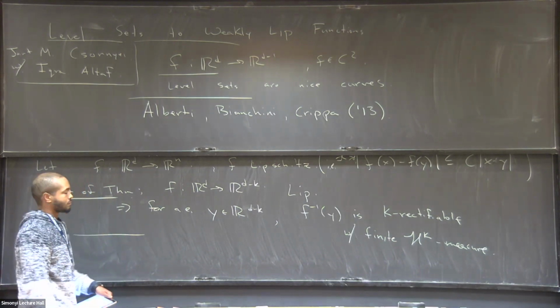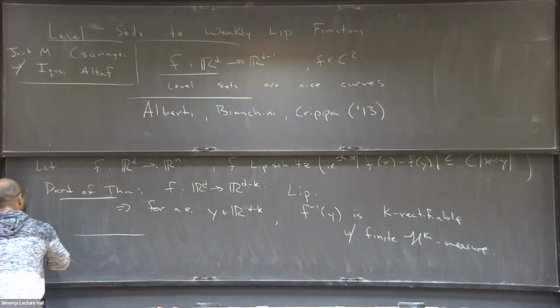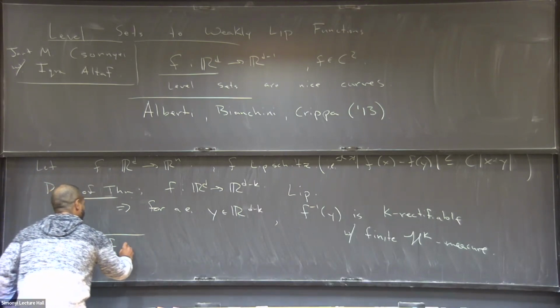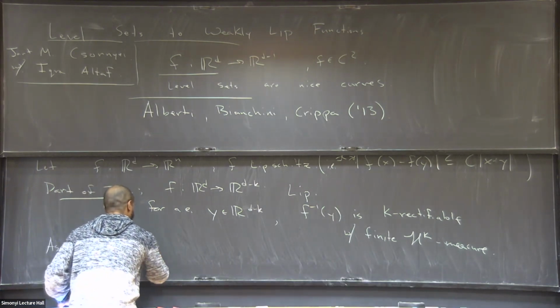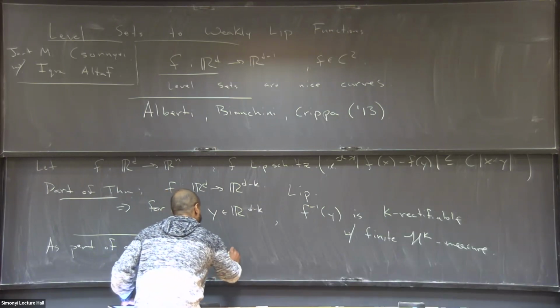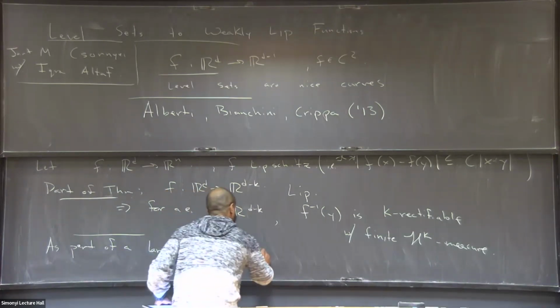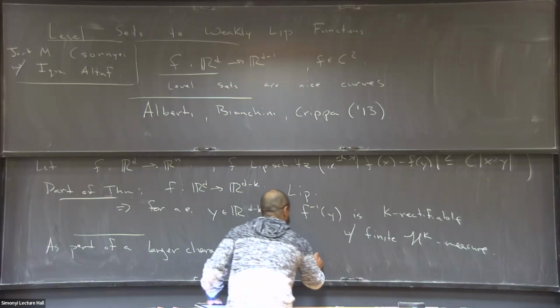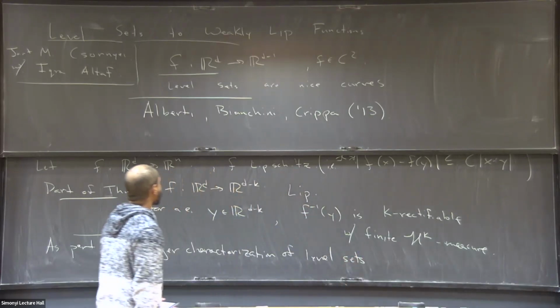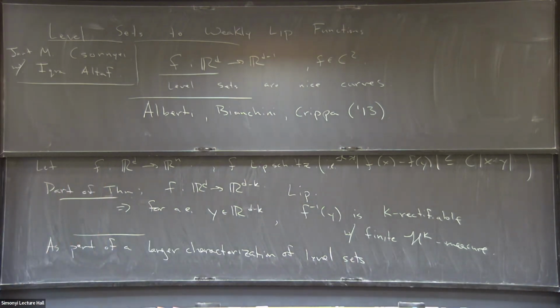So this is part of a larger characterization. Okay, but this is the direction I want to go, and I want to essentially reduce the regularity of Lipschitzness and understand to what extent one can say something.